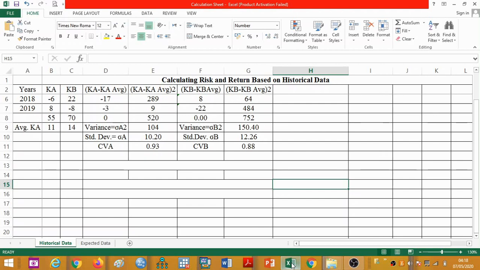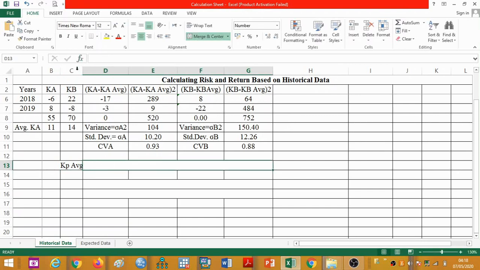We call it the weightage. Let's write the formula for the average rate of return of a portfolio. Let me put K and P for the portfolio, the average rate of return of a portfolio. What is the formula for it?